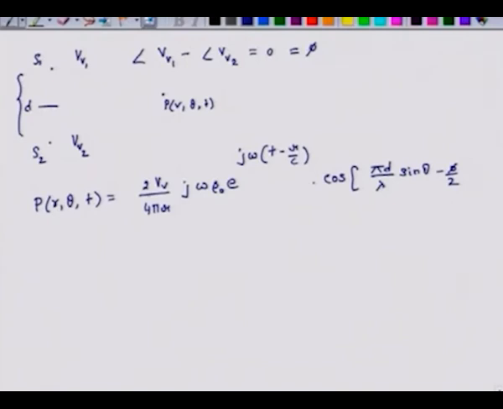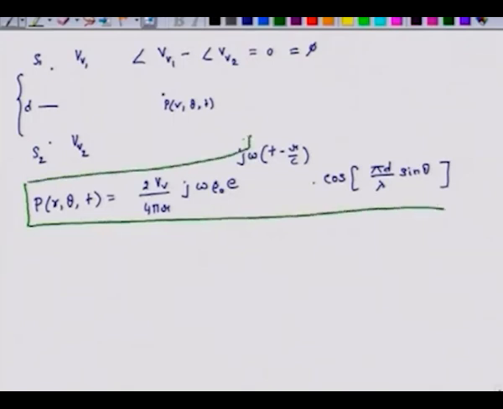But because we have assumed that this phi is 0, I am going to drop this out and close the bracket. So, this is one relation which we had developed, and this relation has been developed several lectures back in time.